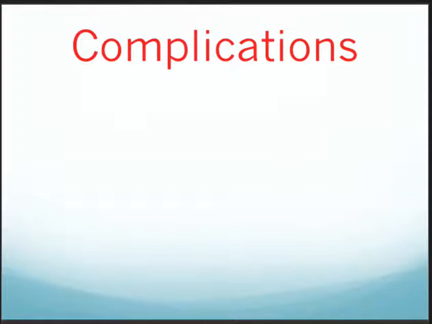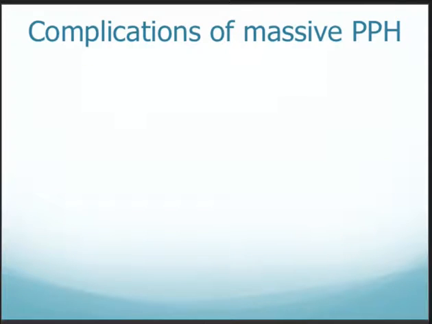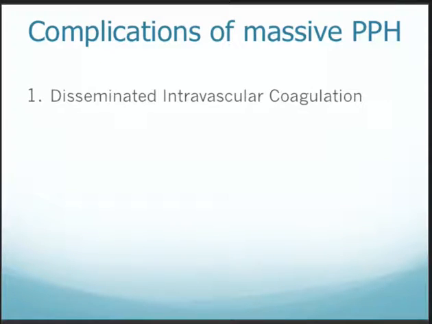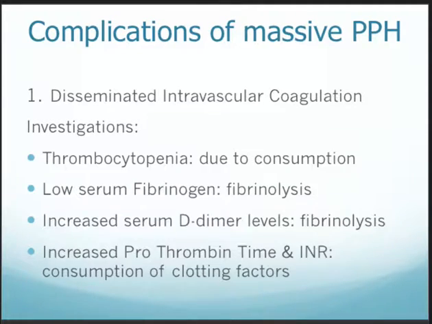Then complications. What are complications of massive PPH? First and foremost, of course, the disseminated intravascular coagulation, DIC. And when you do investigations, you could see that the platelets are low due to consumption. There is low fibrinogen level in the serum as well, due to fibrinolysis.